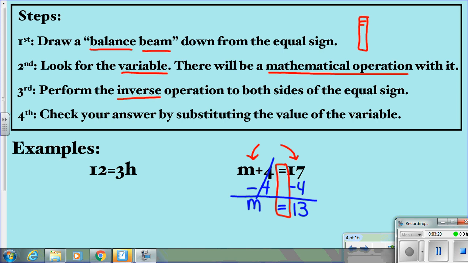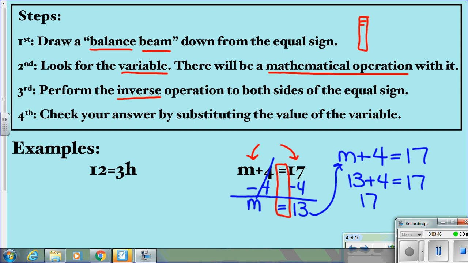When you check the number, you replace the value of what you think m is based on your solution, and see, is 13 plus 4 17? It is. Therefore, m does equal 13.